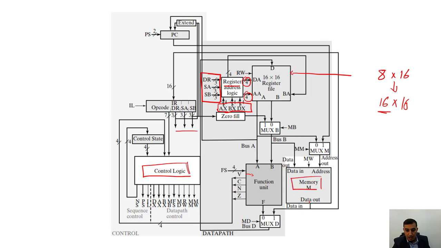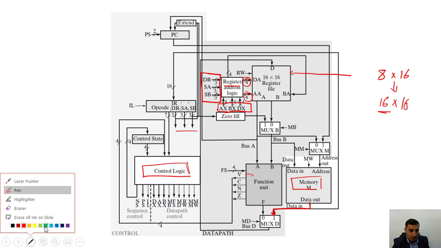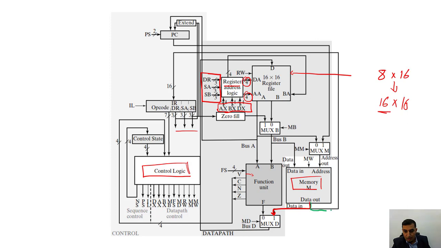The memory will have either the output for data or another output, which I'm going to draw in green. This output is going to our program counter, the instruction register, and so on. So basically one memory, and we are trying to implement complex instructions.